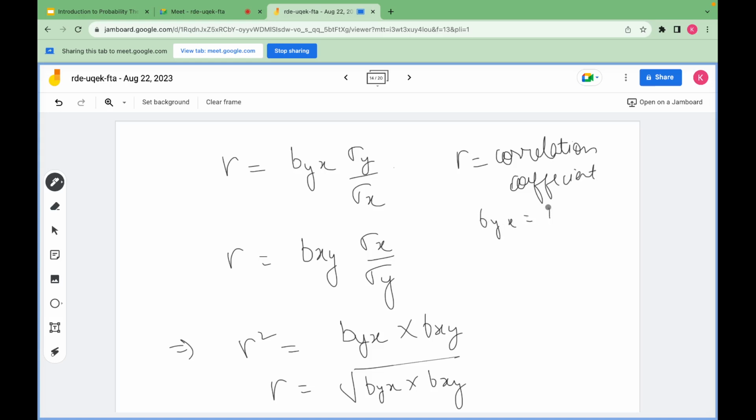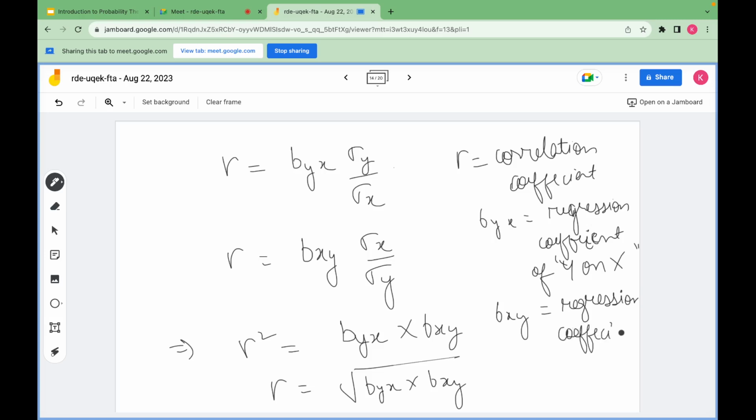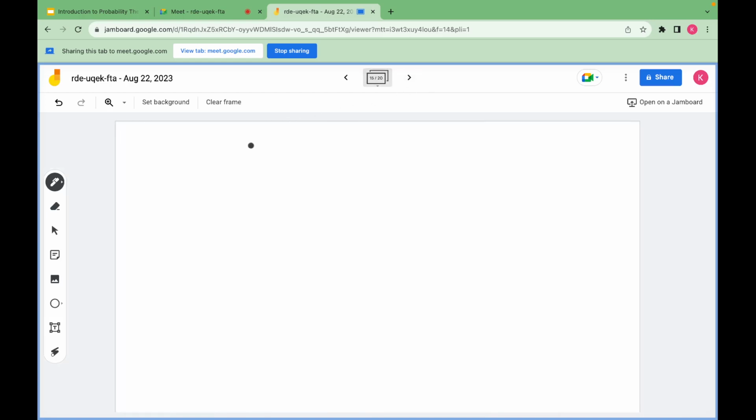Byx is the regression coefficient of y on x, and similarly bxy is the regression coefficient of x on y. So we find these byx and bxy values.